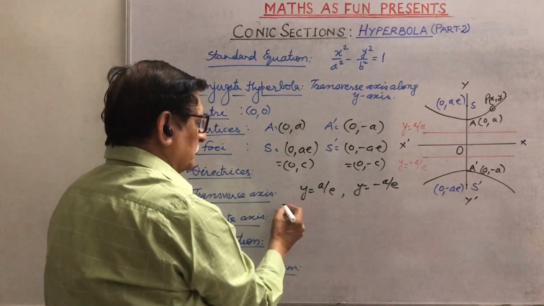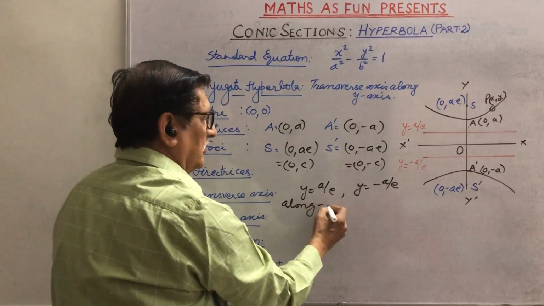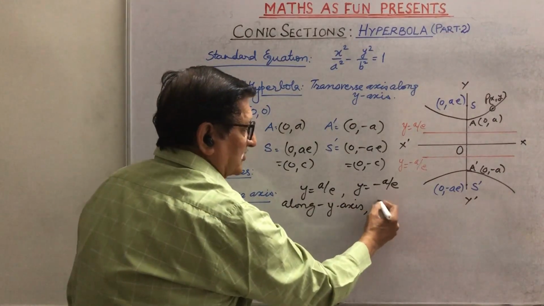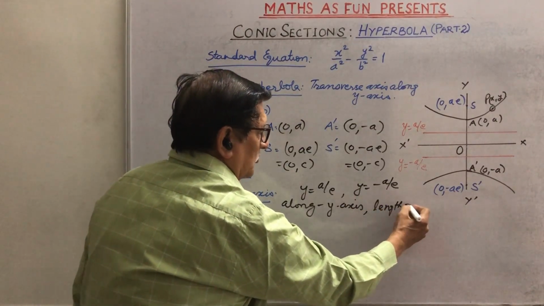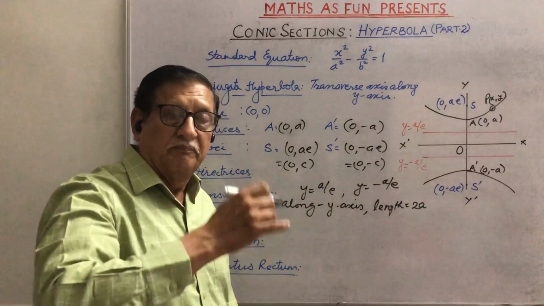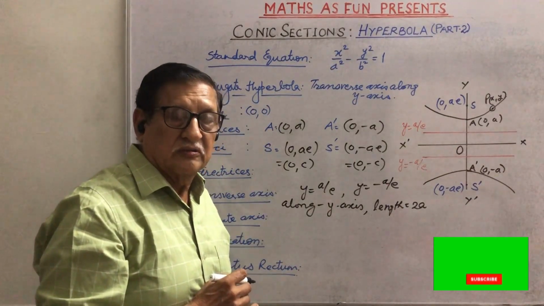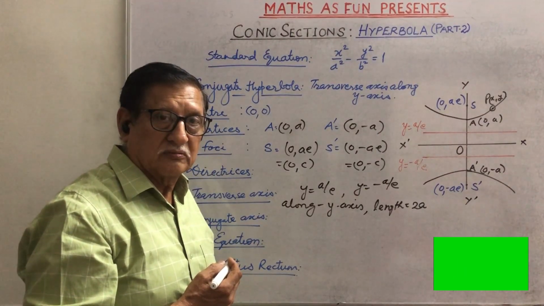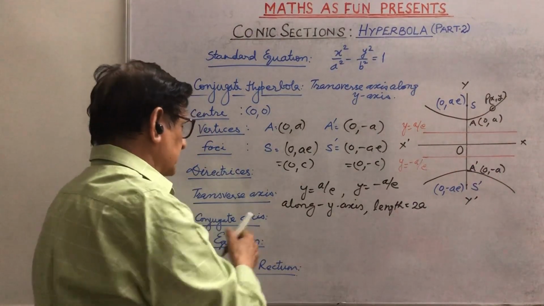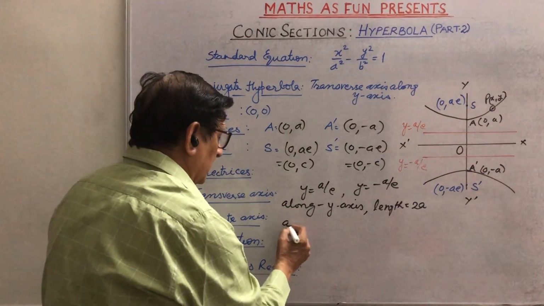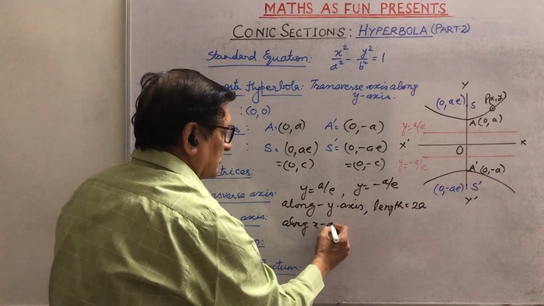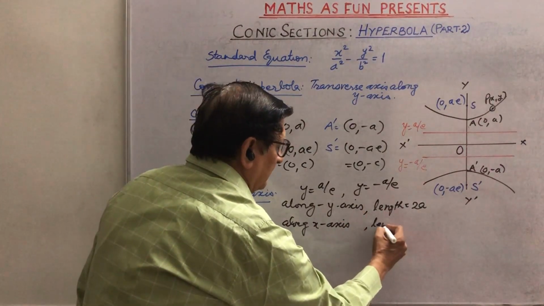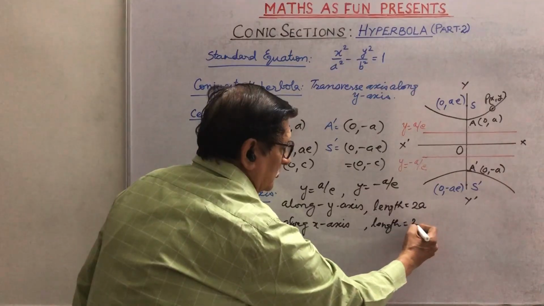As we have learned, the transverse axis is along the y-axis and the length of this will be equal to 2a, as it has been in the previous standard hyperbola also. The conjugate axis is along the x-axis now in this conjugate hyperbola, and the length of that will be equal to 2b.